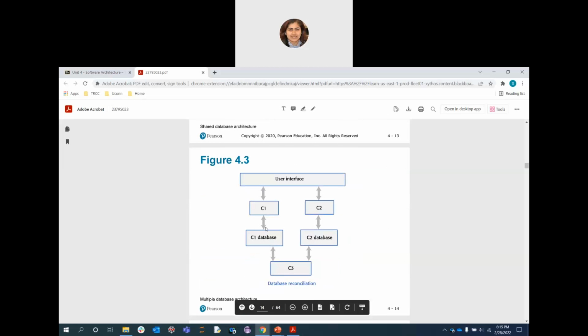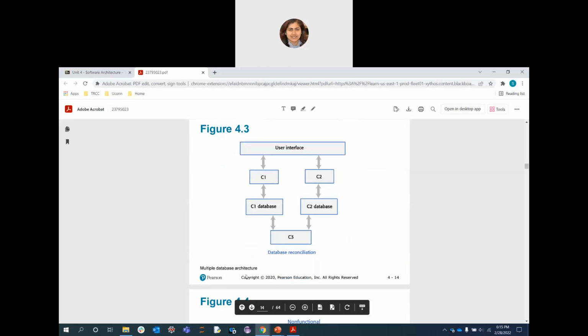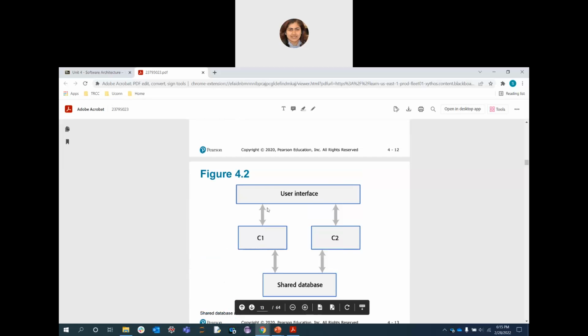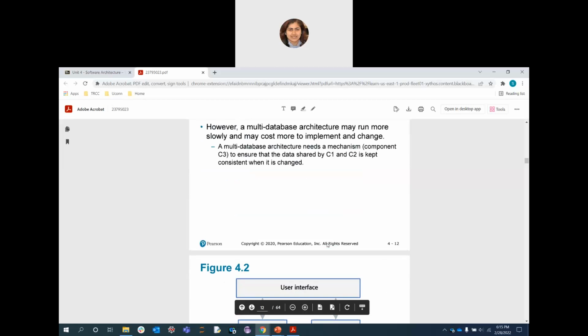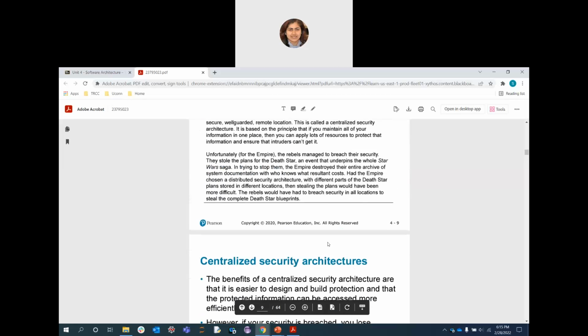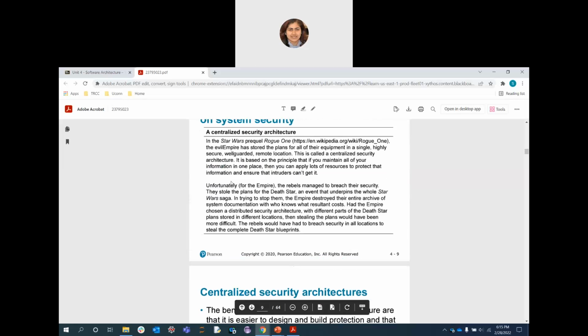Whereas here in this figure 4.3, the multi-database architecture is a different type of architecture, and it's used where each component has its own copy of the parts of the database that it needs. There are two figures here. This is referring to the example we just saw, the centralized security architecture of Rogue One.